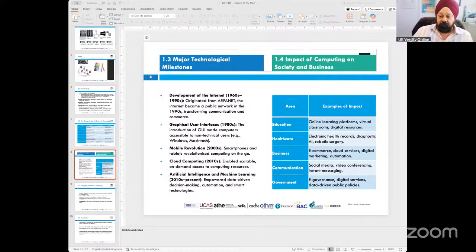Now, it all started in the 1960s when the US Department essentially was able to create a public network called ARPANET. And this allowed communication and exchange of information to happen.